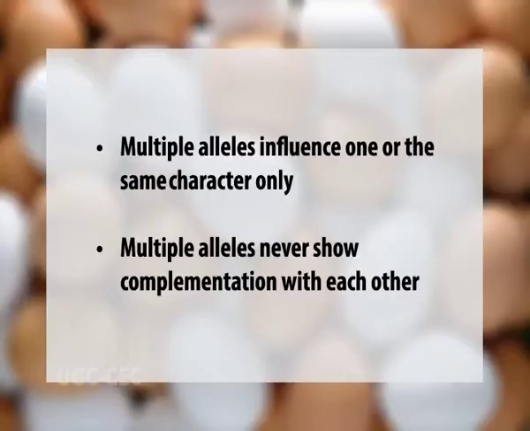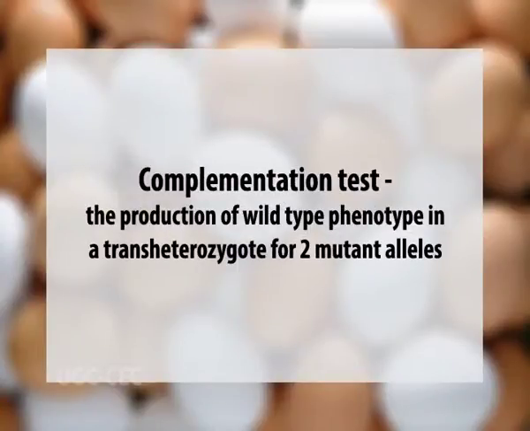Multiple alleles never show complementation with each other. By complementation test, the allelic and non-allelic genes may be differentiated well. The production of a wild-type phenotype in a trans-heterozygote for two mutant alleles is known as complementation.